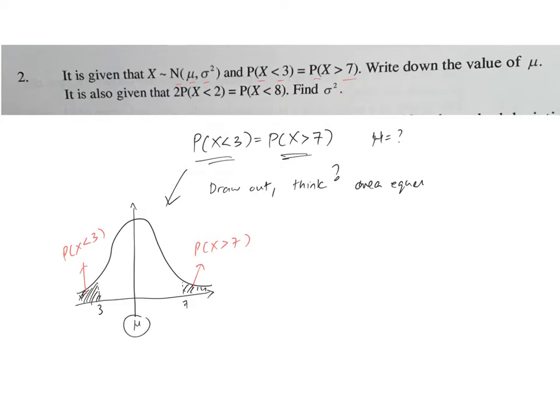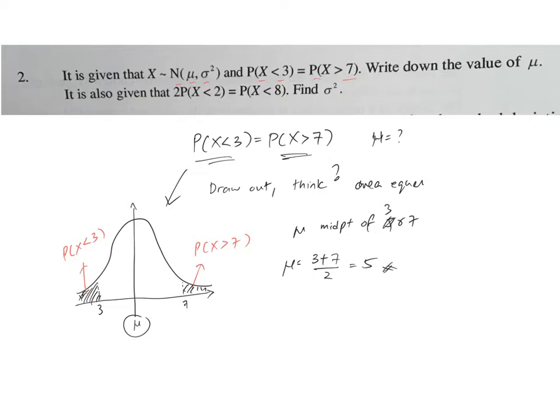You can see that mu must be the midpoint of 3 and 7. So mu is just equal to (3 plus 7) divided by 2, which gives you 5. A lot of times if you're unable to solve, it is good to actually draw out the normal distribution graph.